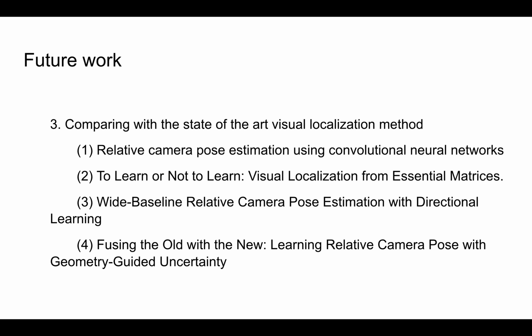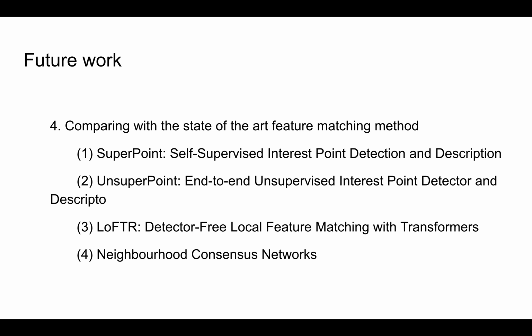We'll compare with some state-of-the-art visual localization methods, for example the methods listed below. Also, the feature matching result is a byproduct of our method. We can also compare this with some state-of-the-art feature matching methods, for example SuperPoint.